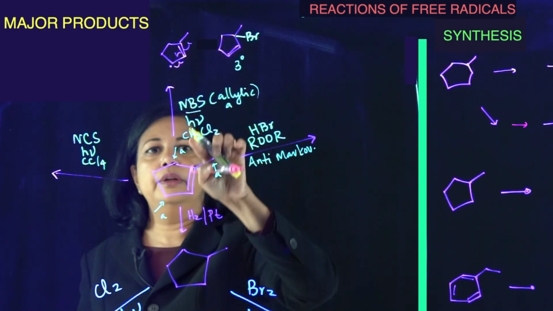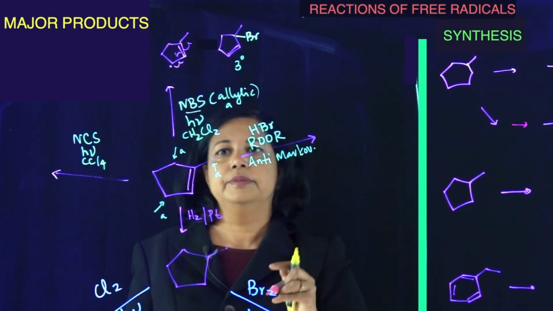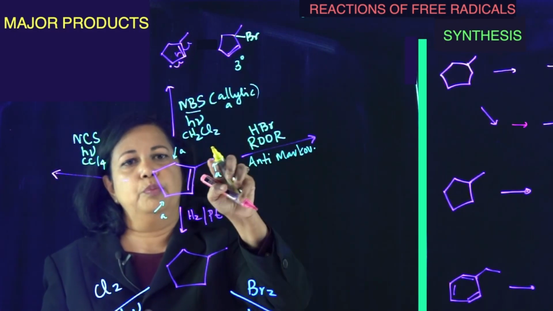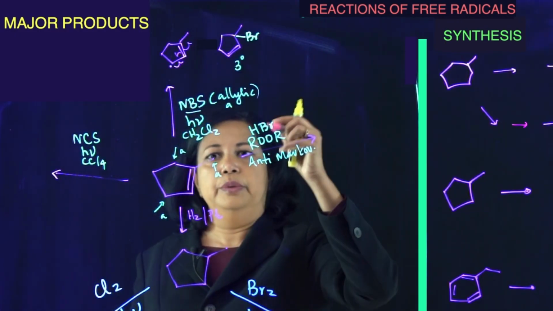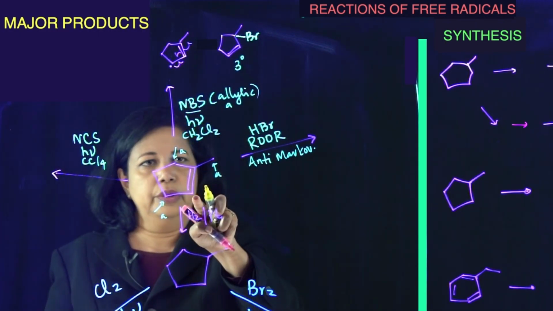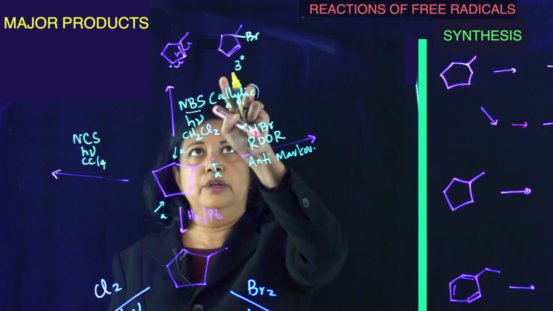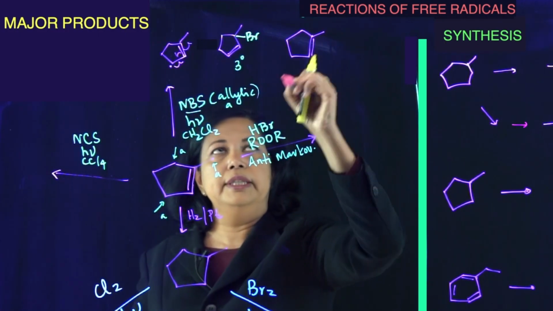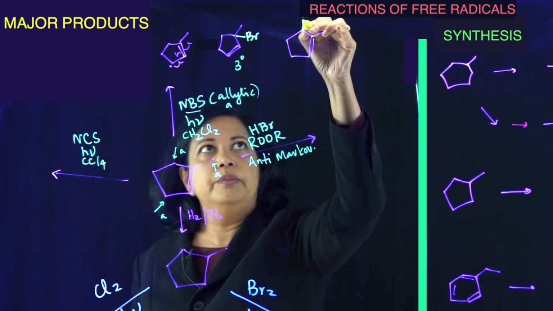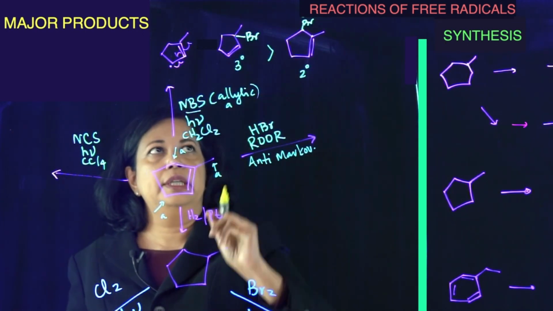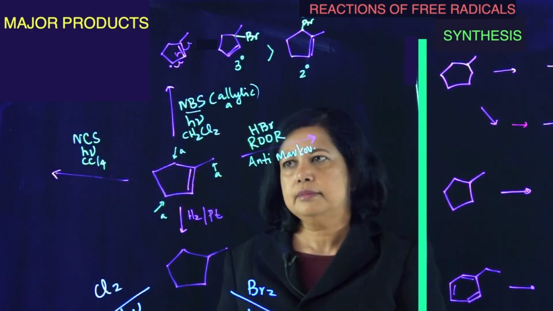You can also put it on the sides here, okay? But this is probably the least favorable because it's primary, and so you may not really want to go over there. You can put it over here, but that's still secondary and not tertiary. And so you can also do this for bromine. That's a secondary. And typically, tertiary is more than secondary.